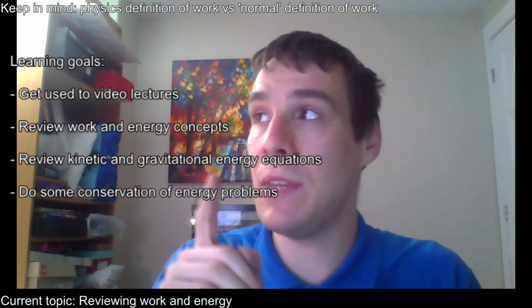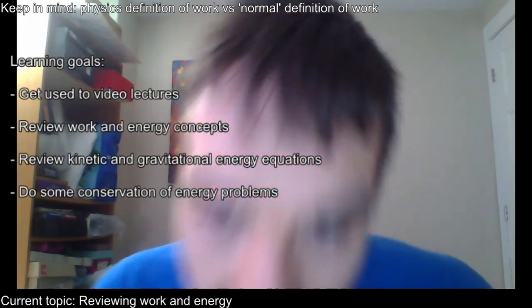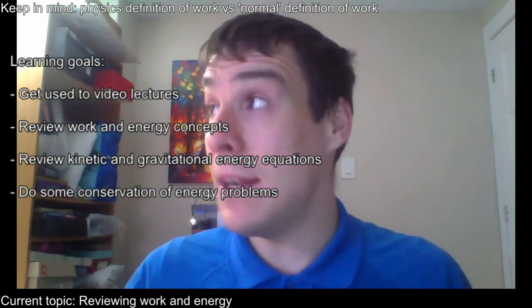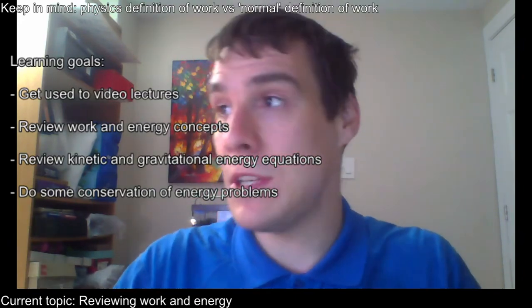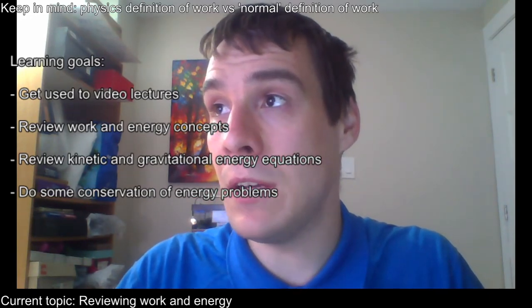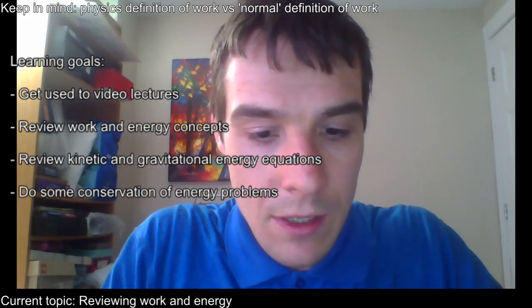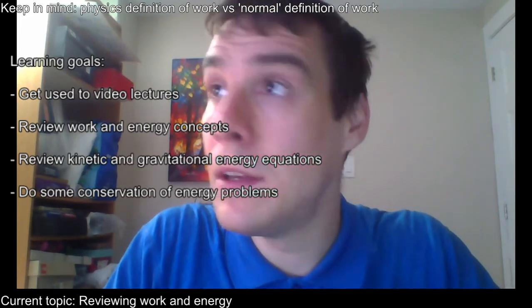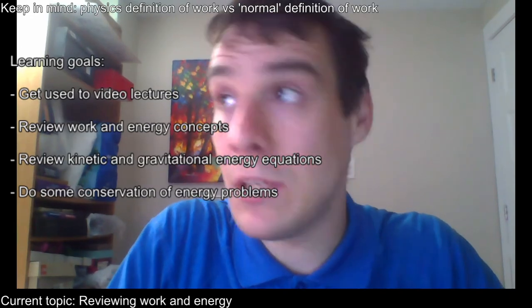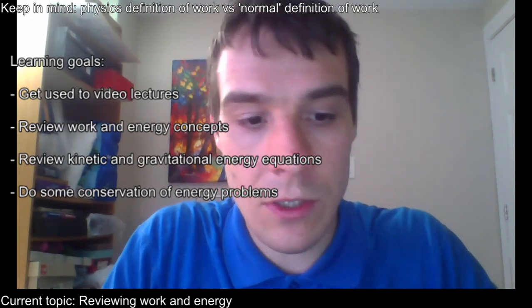Now we're going to review the kinetic and gravitational energy equations so that we can use them to solve problems. So let's change our current topic to reviewing kinetic and gravitational energy equations.